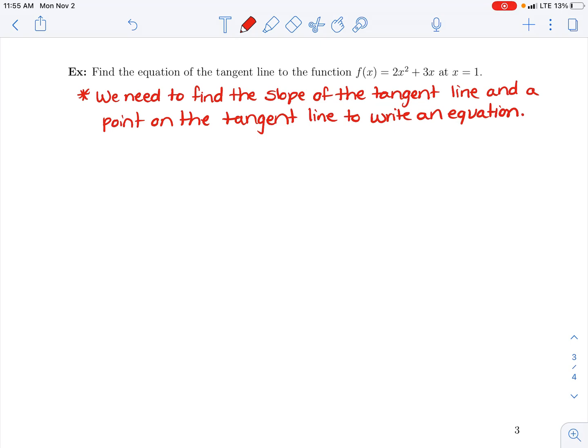Okay, so we need the slope of the tangent line. Let's just go back to emphasize this. We need to find the slope of the tangent line, and we need to find a point on the tangent line. All right, and those are the two things I need to write an equation of a line.